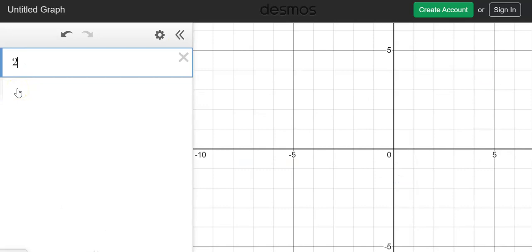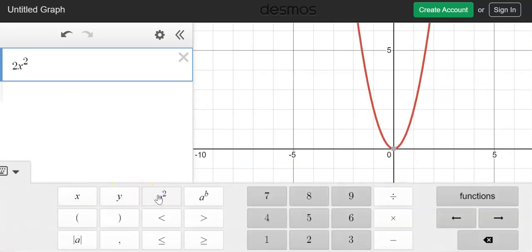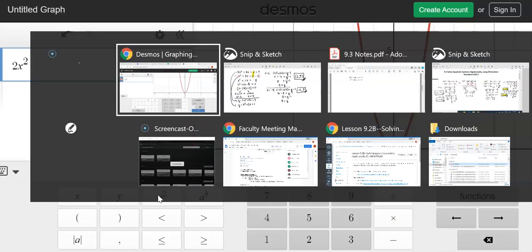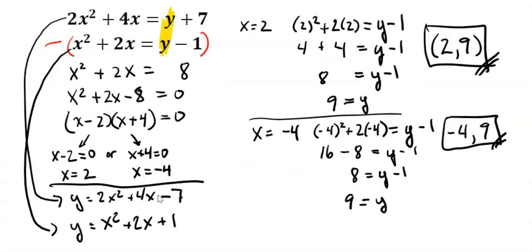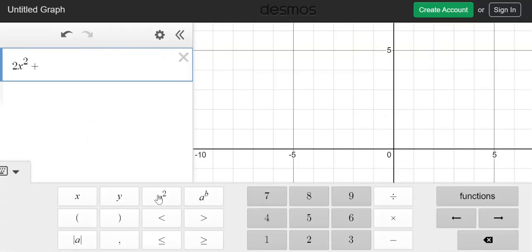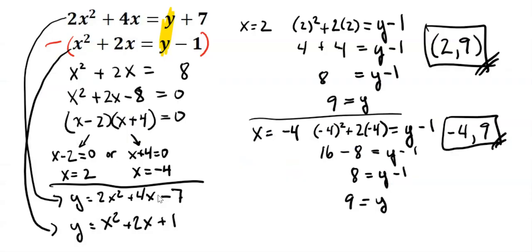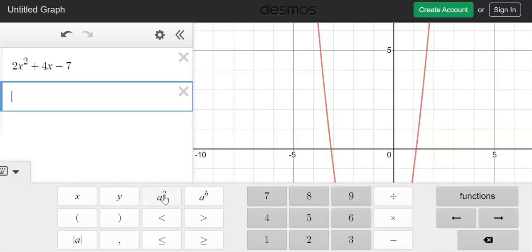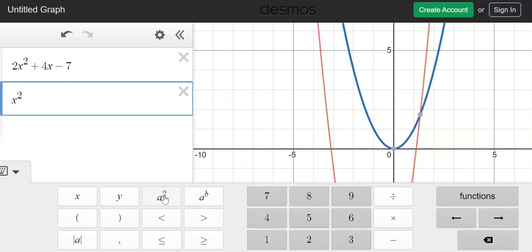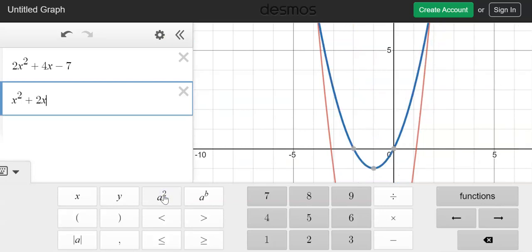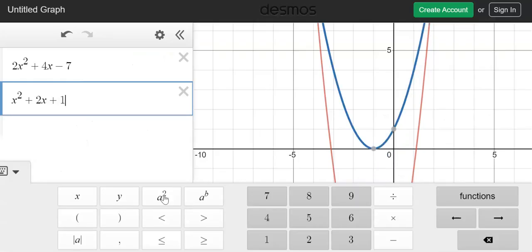So we get 2x squared plus 4x minus 7, and then the next one would be x squared plus 2x plus 1.